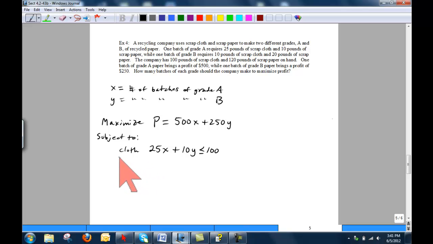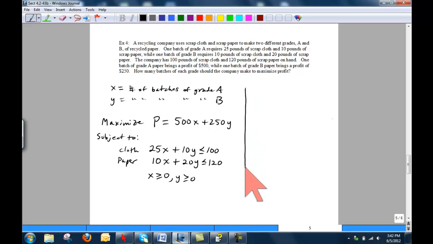And regarding scrap paper, each batch of A requires 10 pounds. Each batch of B requires 20 pounds. And we have a total of 120 pounds of that paper to work with. Finally, X and Y are numbers of batches, and so they need to be non-negative numbers.